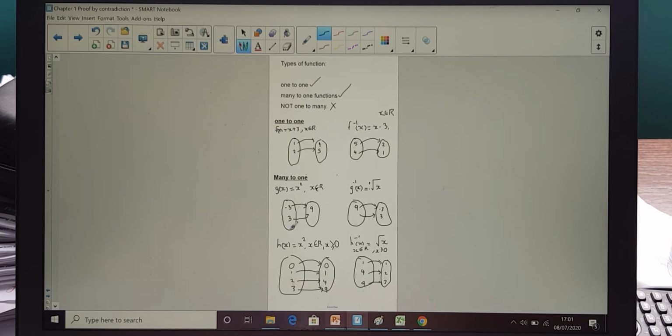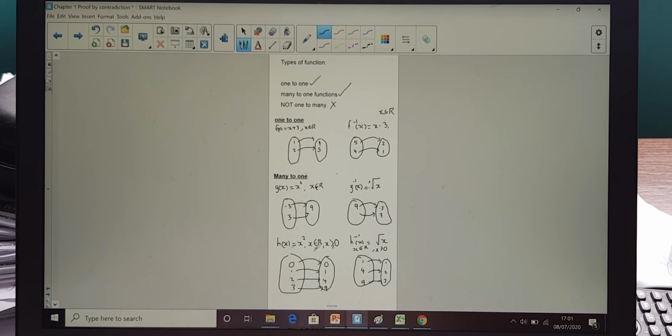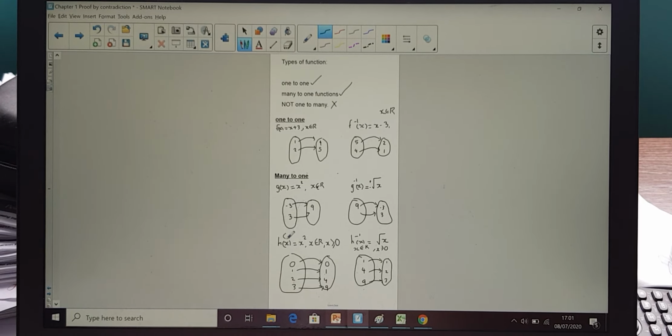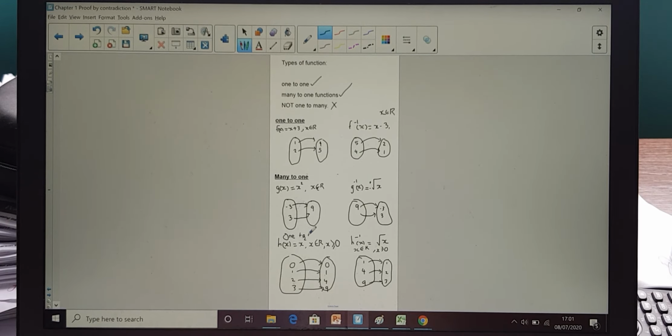So in stipulating that bit in the original function, it's made it a one-to-one function, not a many-to-one anymore. So this has become a one-to-one function.